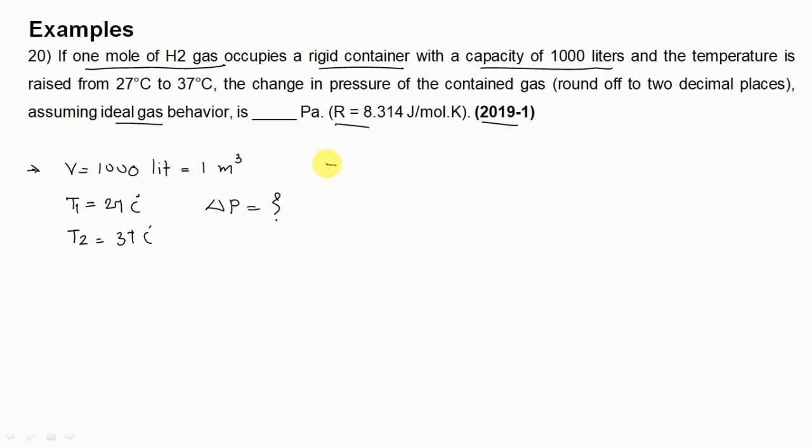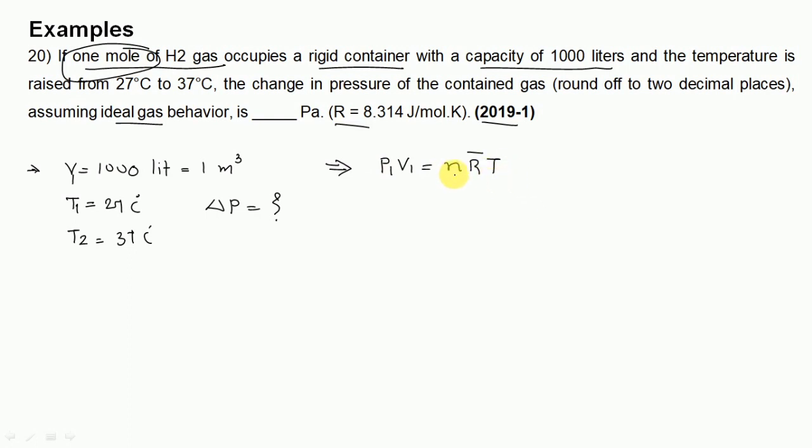Let's start from here. Because it is a rigid container, the volume does not change, so V1 and V2 are both the same. Let's start with the gas characteristic equation: P1 V1 equals nRT. Here the quantity is given in moles, not kilograms, so this is the molar gas characteristic equation.